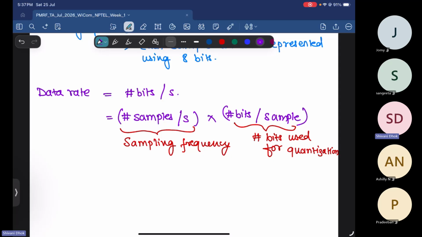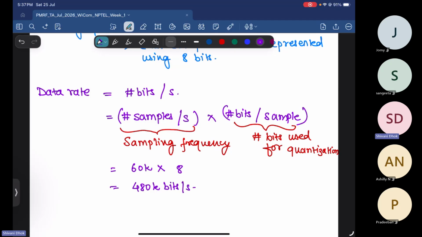So sampling frequency was what? Sampling frequency was 60 kilo samples per second, into number of bits, which was 8 bits per sample. So this turns out to be equal to 480 kilo bits per second, or kbps.